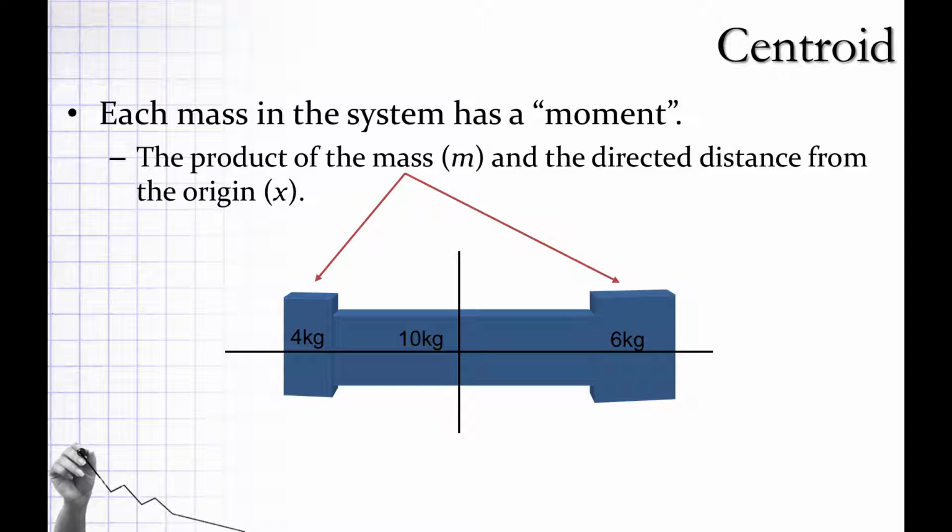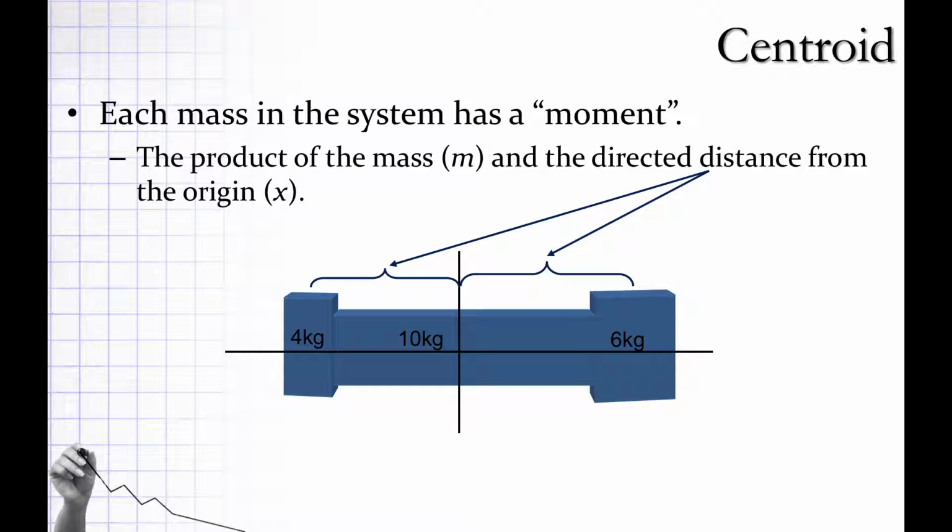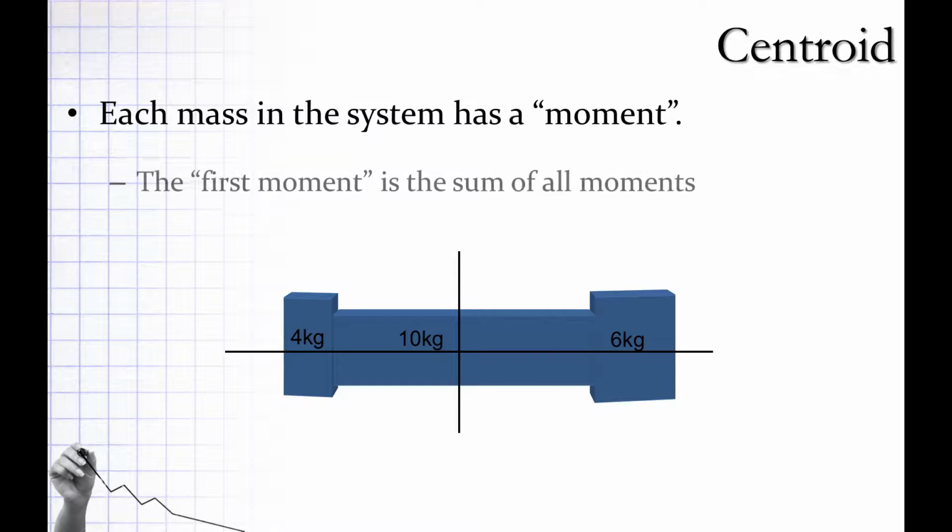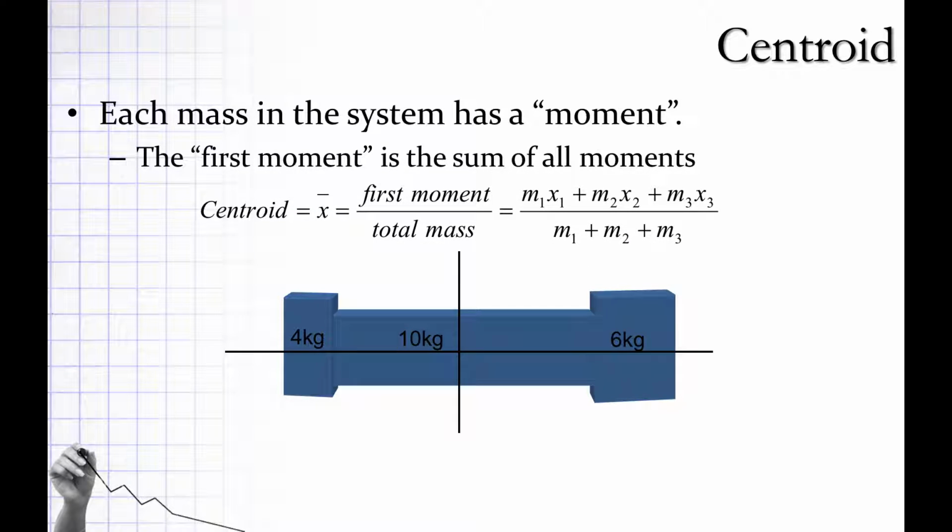And in order to find the centroid, we're going to take all of these moments and add them together, kind of like taking an average, but an average of basically its weight. We add the moments together and divide by the total mass, and that gives us our centroid. Moment over mass gives us the center of mass.